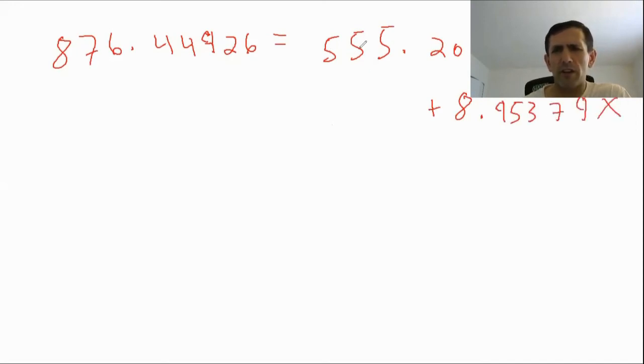So subtract 555.2019 and divide by 8.95379, and you get that X is going to be $35.88.